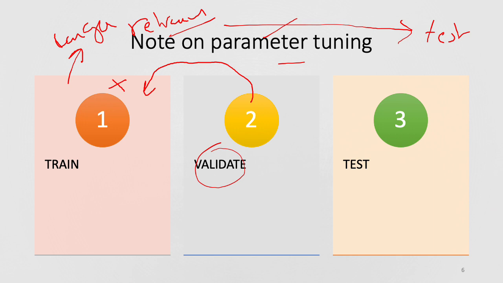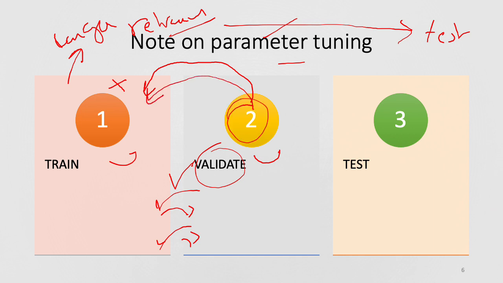So again, remember, step number 1, train. Step number 2, validate and fine-tune parameters, and you can go back and forth as much as you want. Once you're done with this part, you can take this validation data back to the training set and retrain again before you move on and test.